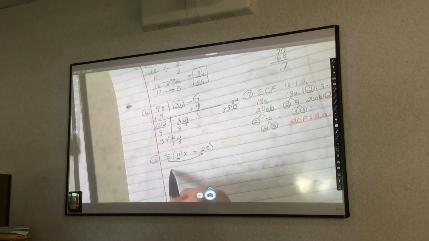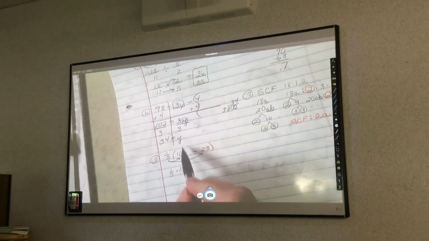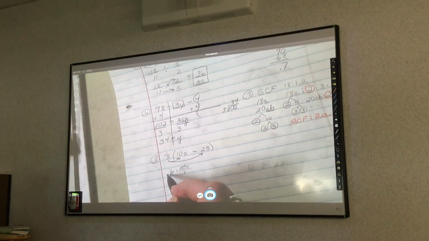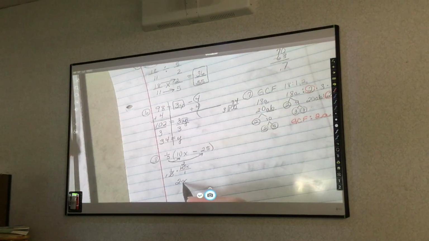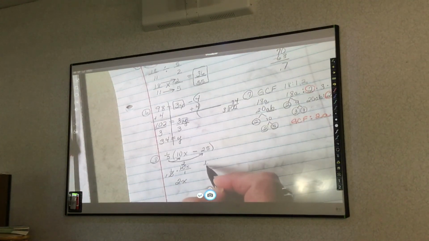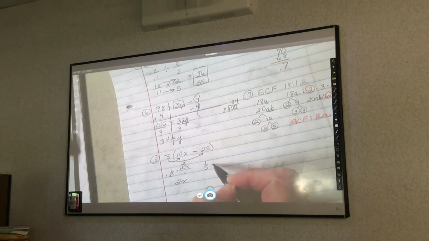So then I'm going to take 1/5 times 10x over 1. Why did I put over 1? Because 10 is a whole number. So I'm going to reduce my 5 and my 10 by 5. So that becomes a 1, this becomes a 2. The x is still there, so I have 2x. Then I'm going to have 1/5 times 25 over 1.